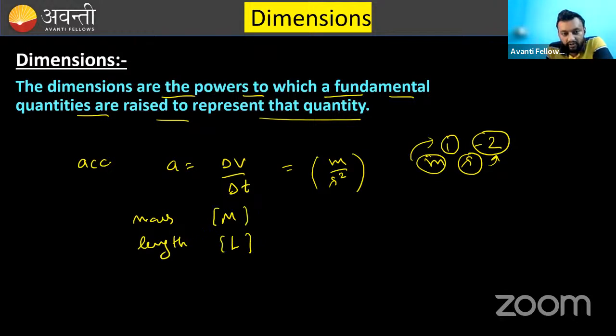This is the representation of quantities. Time is represented by T. These are three very basic dimensions. The power on them will be the dimension. MLT are just the representation of mass, length, and time. Very fundamental thing.